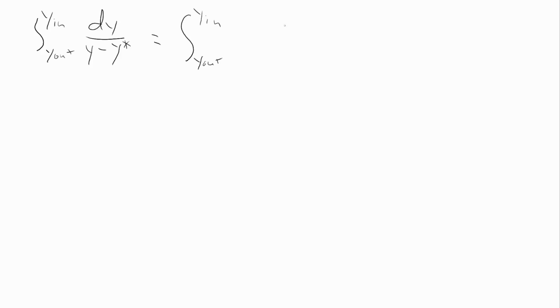if the operating line and the equilibrium curve are straight, then you can plug known values in for the relationship between y and y star at every point, and you get that this is equal to dy over 1 minus kV over L times y plus y out times kV over L minus k times xn.